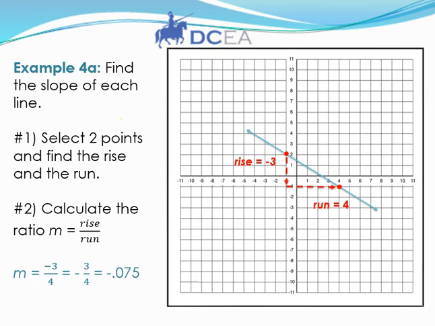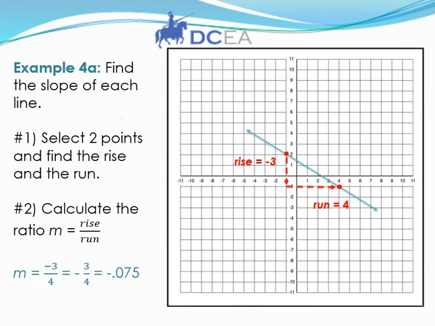So then, after you've selected 2 points, calculate the ratio m equals rise over run. In this example, the rise would be from this point down to the horizontal line that we've drawn. So we go down 1, 2, 3. So the rise is -3. And here you can see it in your formula.